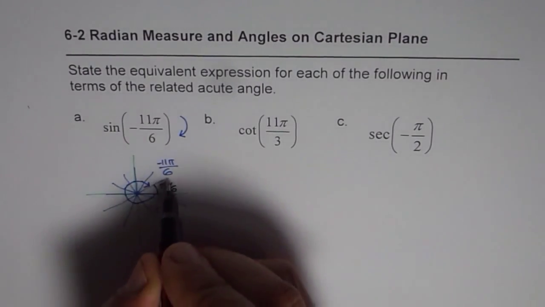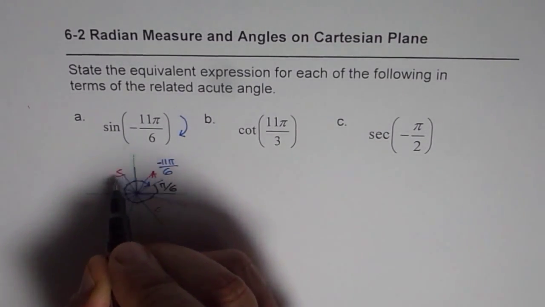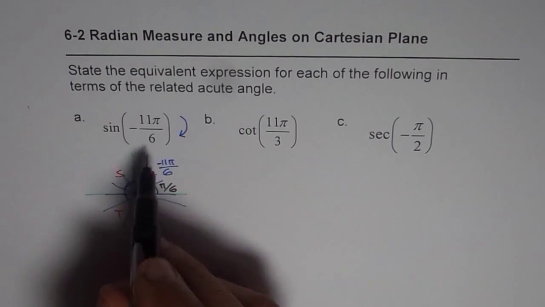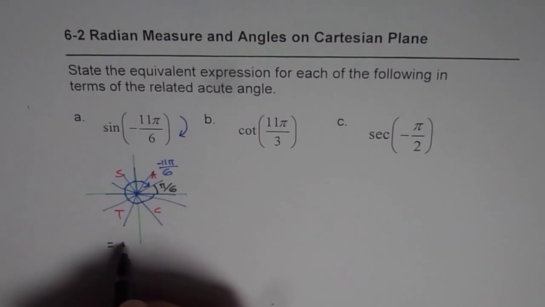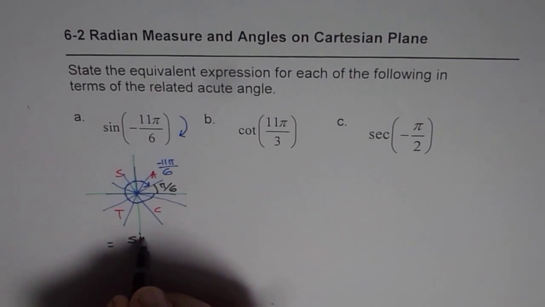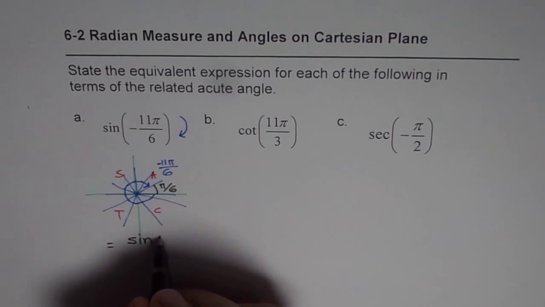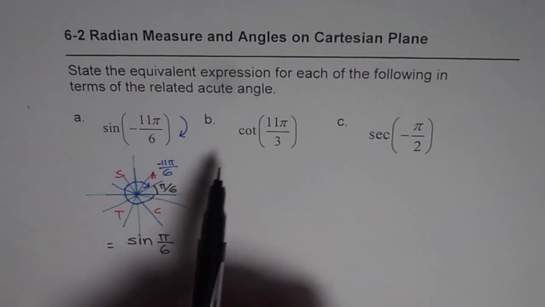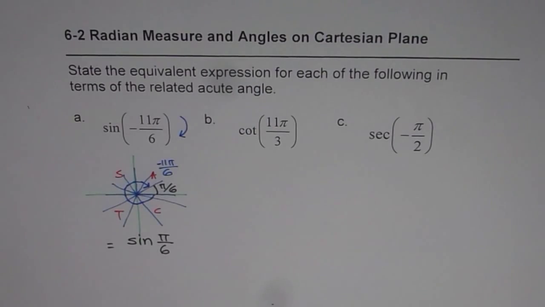All are positive in the first quadrant, and therefore I can write sine of minus 11 pi by 6 as, since it is positive, I don't have to make it negative, sine of pi by 6. Related acute angle alpha is pi by 6 for us. Okay, now I hope you understand and appreciate.